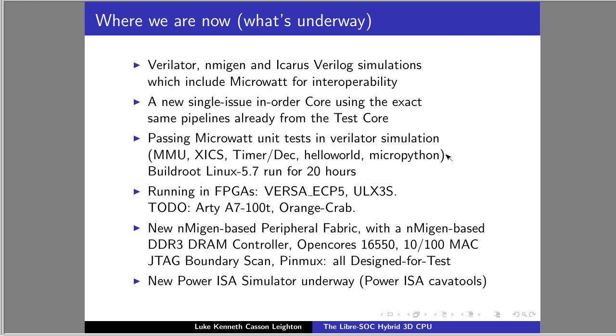And what address do you want them at? What address do you want your Ethernet peripheral to be at? What address do you want your DRAM controller to be at? How big is it? Does it generate interrupts? If so, do you need to feed those interrupts back? And once you get into it, it's actually a hell of a lot more than you think.